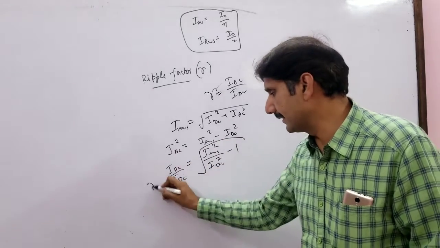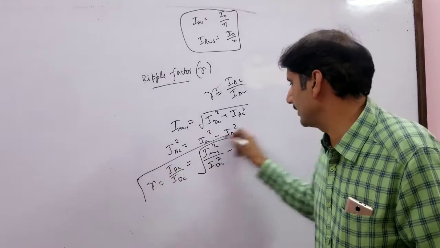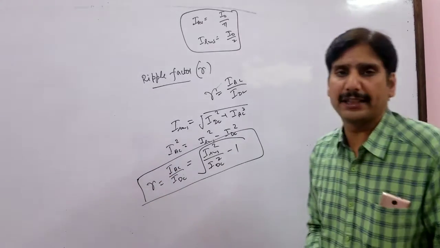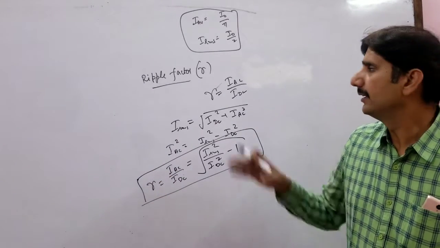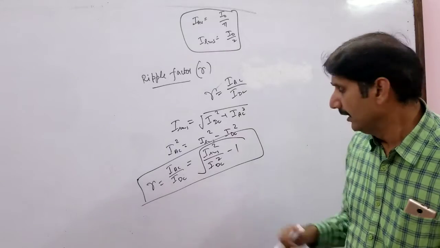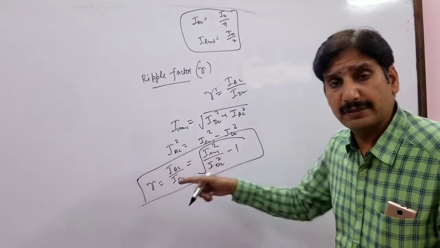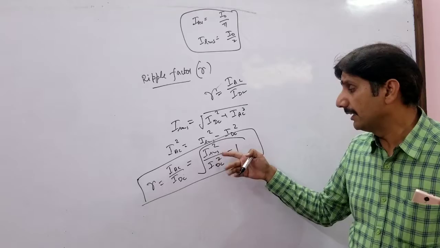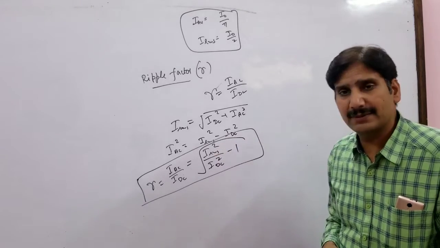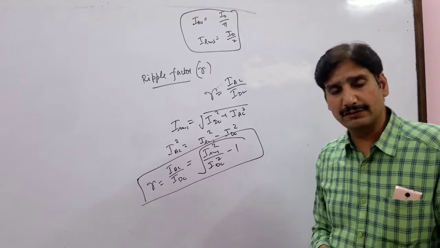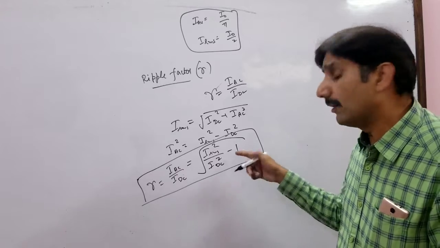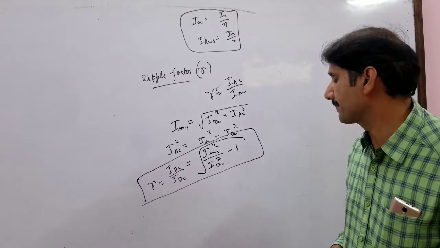Now this thing is nothing but gamma, so this is a general expression for ripple factor of a rectifier. Ripple factor is given as square root of the ratio of the square of the RMS value and the square of the DC value at the output of that signal, minus 1.